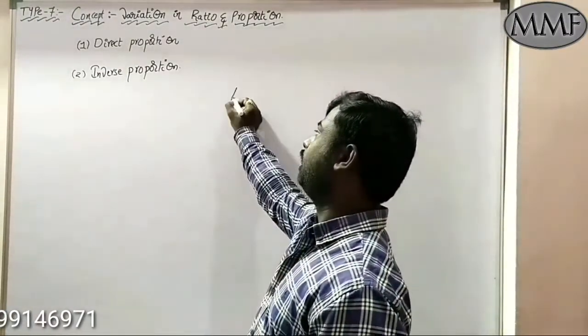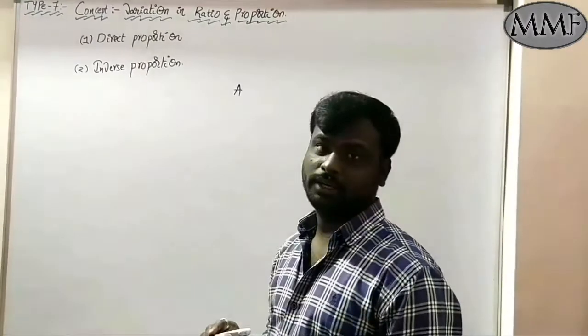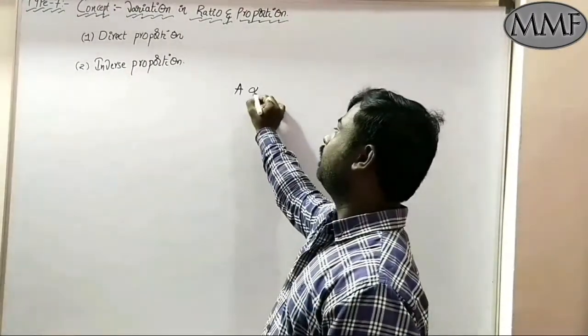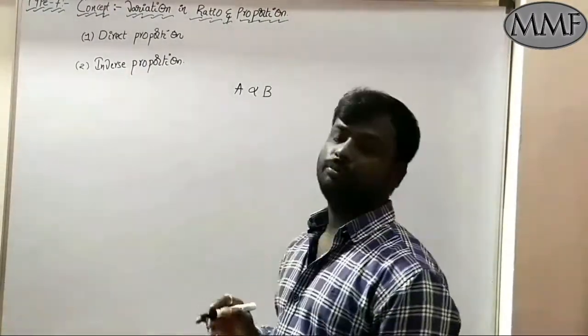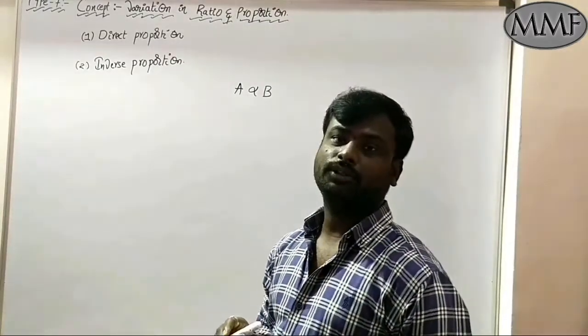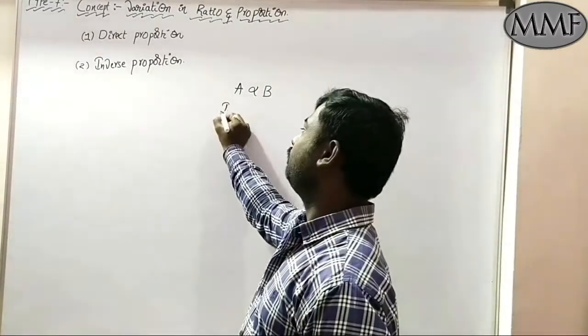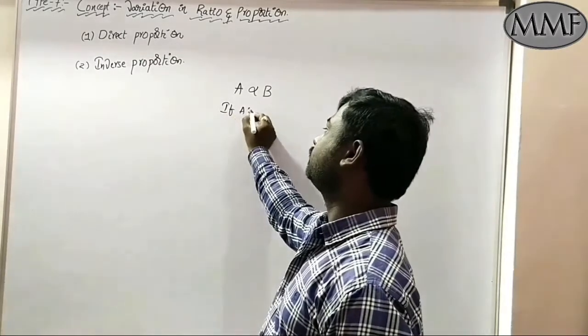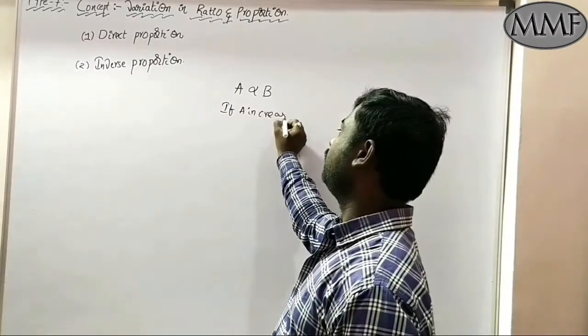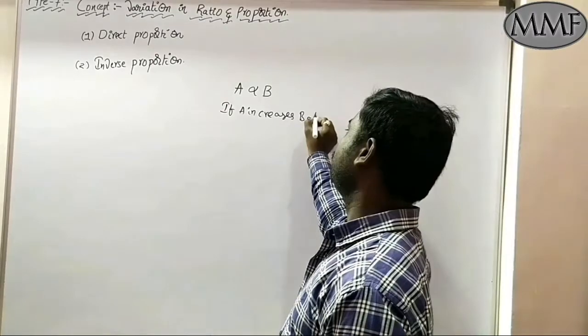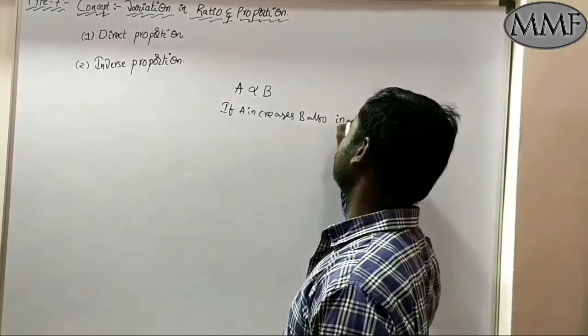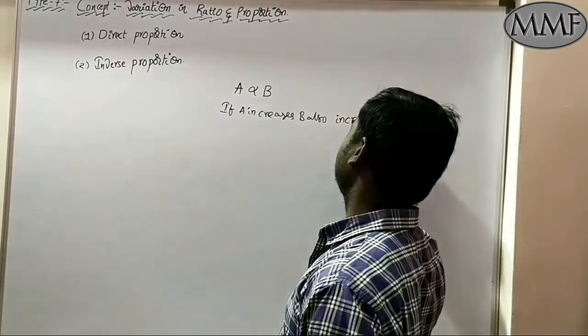If A is a variable, A is directly proportional to B. A is directly proportional to B means if A increases, B also increases.